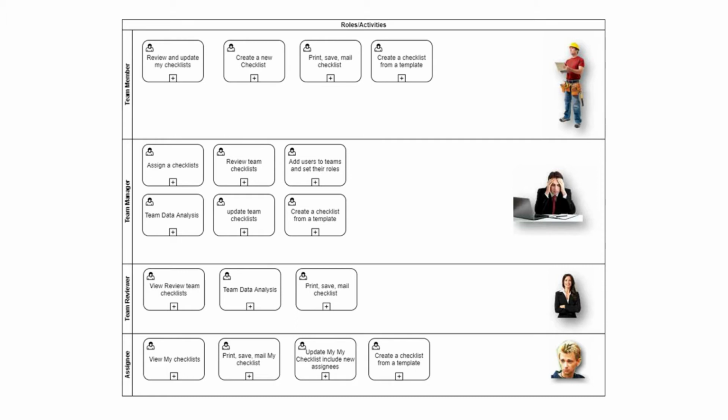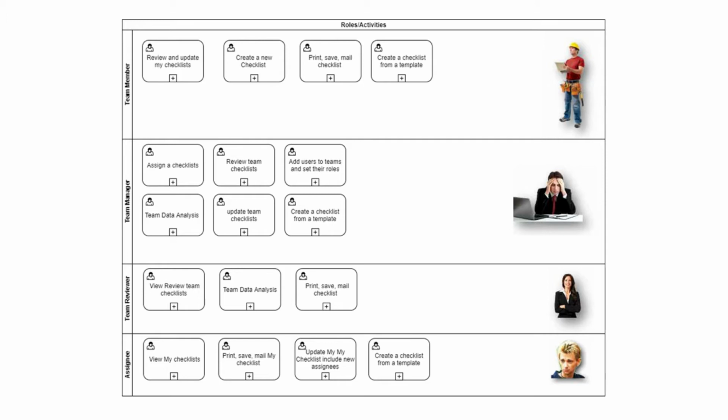The more involved roles are the team roles. So you can be a team member, a team manager, and a team reviewer. And as we see here, they have different functionality, but basically a team member can see their team and the other team members for their team. A team manager can manage all the checklists that are assigned to their team, as well as assign assignees to checklists.